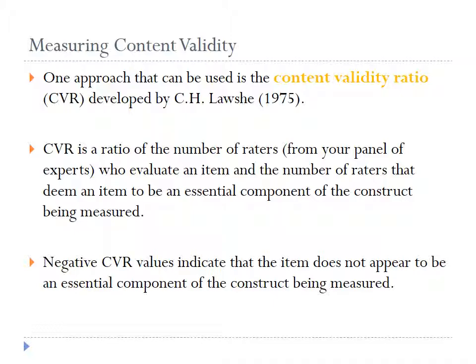A way that content validity can be measured is by using the content validity ratio. This ratio is made up by looking at the number of individuals who rated the item and the number of individuals who thought that it was an essential component of that construct that you're measuring.